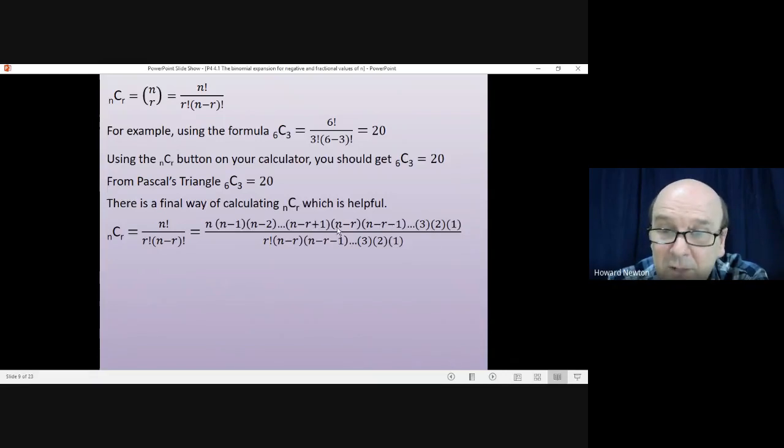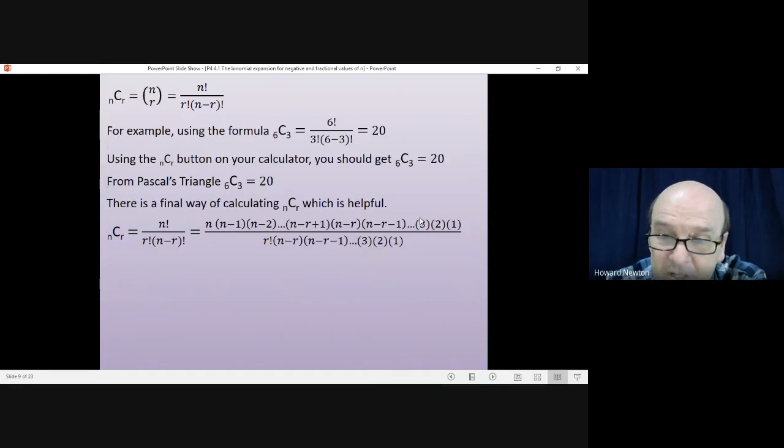I've included a few middle terms because they'll be significant in a moment. R factorial I've left as r factorial because I'm not actually going to do anything with that. But n minus r factorial I've chosen to write down as n minus r times 1 less than that, times 1 less than that, till we get down to 3 times 2 times 1.